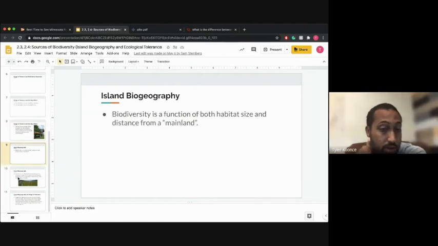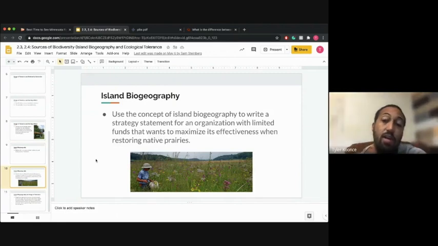Another one was: use the concept of island biogeography to write a strategy statement for an organization with limited funds that wants to maximize effectiveness when restoring native prairies. A strategy you could state is making sure that you have large areas mandated for these natural prairies that are untouched.